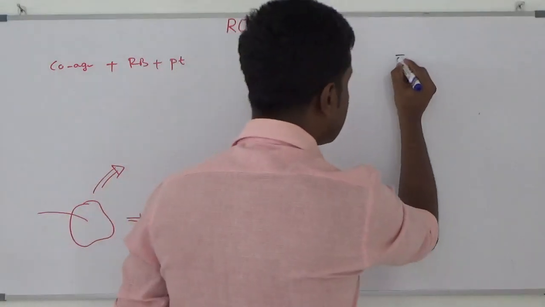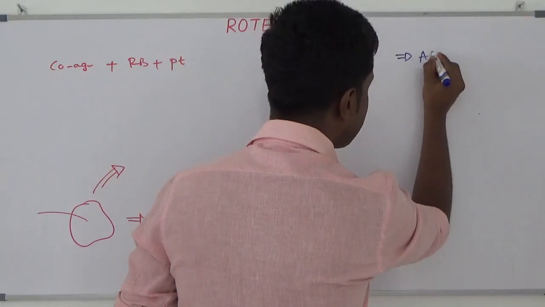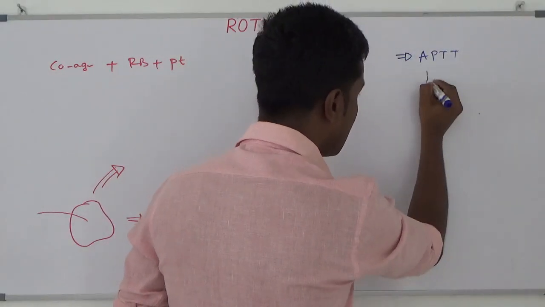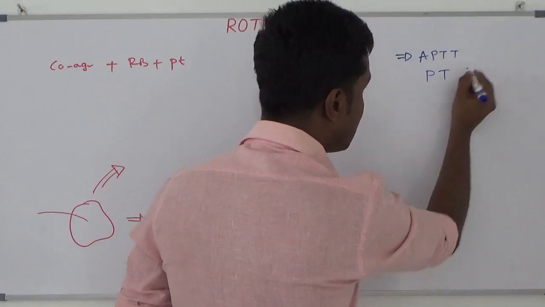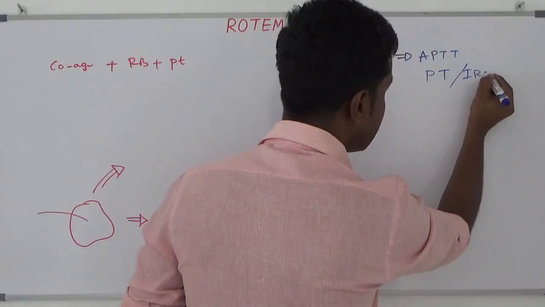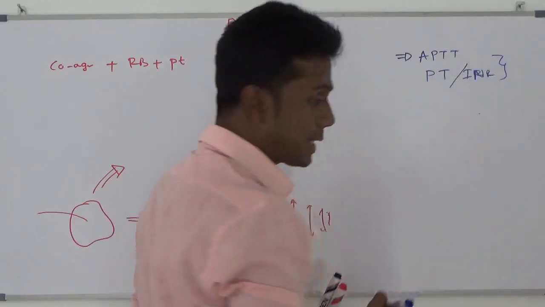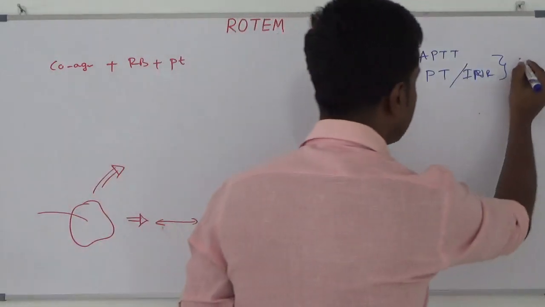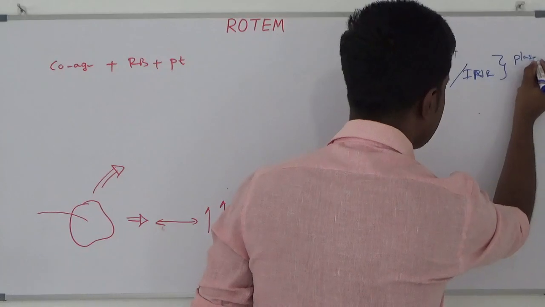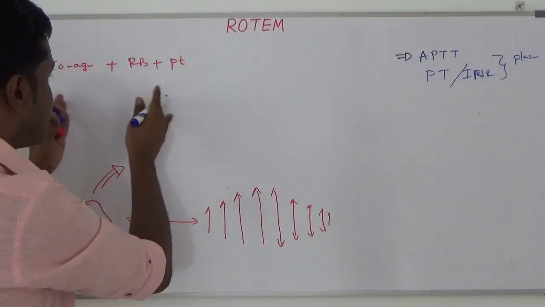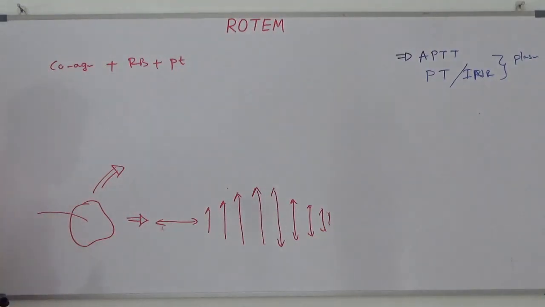If you request activated partial thromboplastin time or PT or INR, they are going to do those tests only on the plasma component. But our clot contains red blood cells and platelets as well.